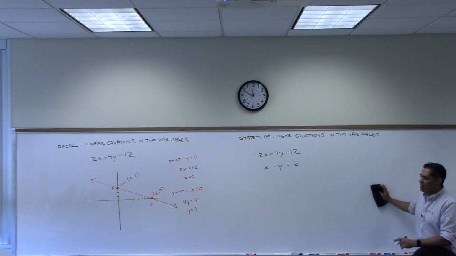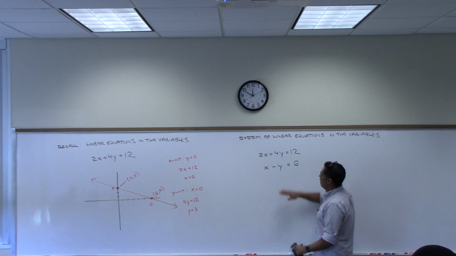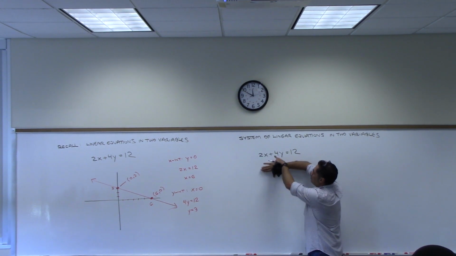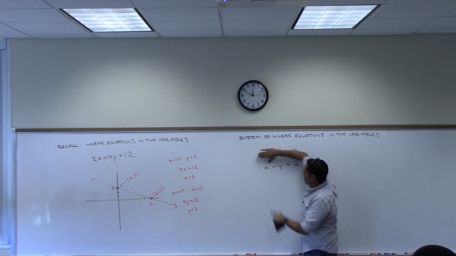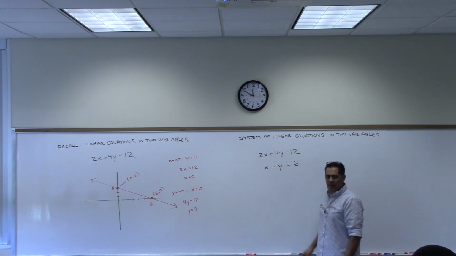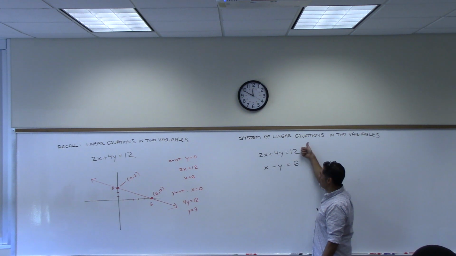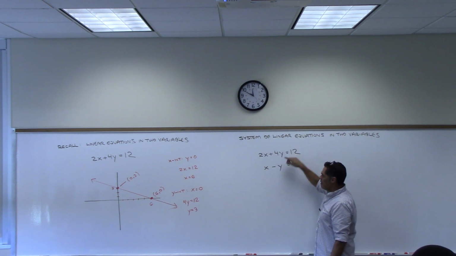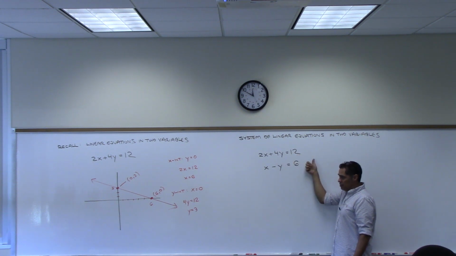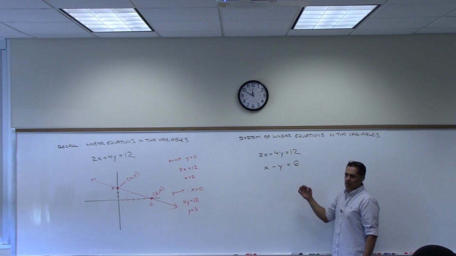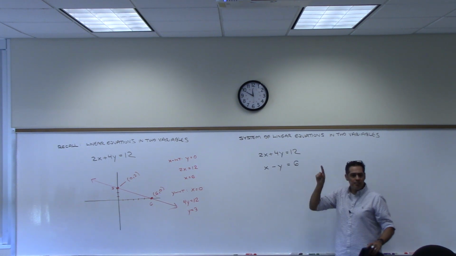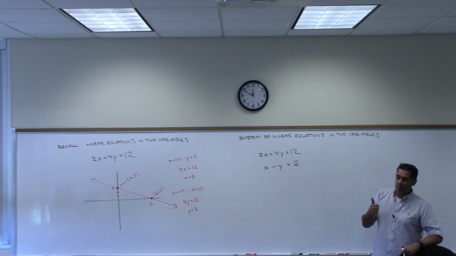Each one of these equations, if I ask you to graph them, that's a line, isn't it? And this should be another line. And what I'm asking is, can you find an x and a y that make this one true, and an x and a y that makes this true at the same time? In other words, can you find an x and a y that makes both of those equations true simultaneously?